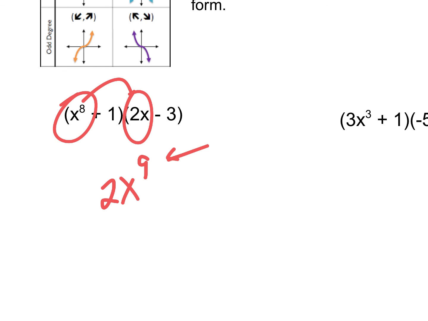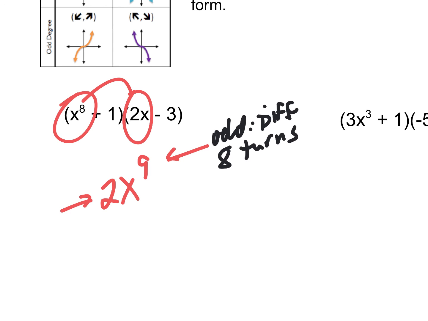This tells me two things. This tells me one thing. The 9 is odd, so it's different. Yup. And then it has 8 terms. Yup. And then, for the 2, it's up to the right. Up on the right. You've got it. I think we all have got it.